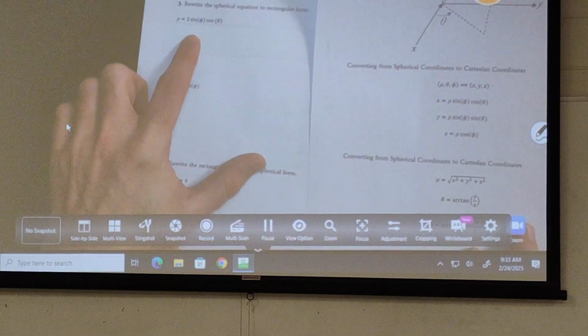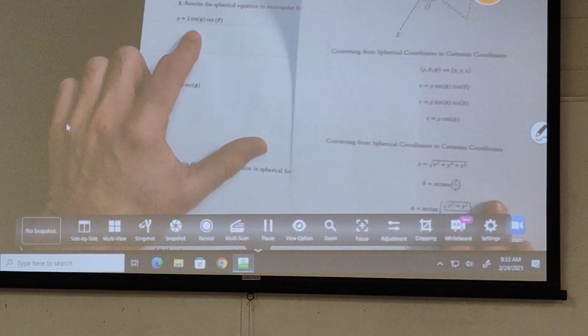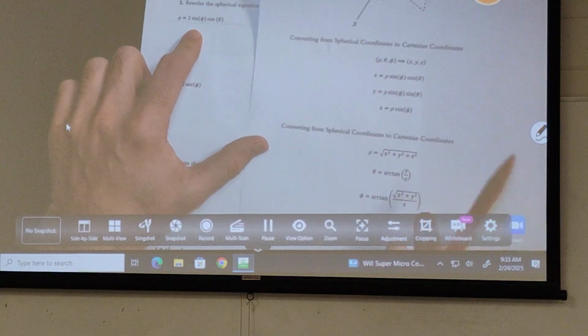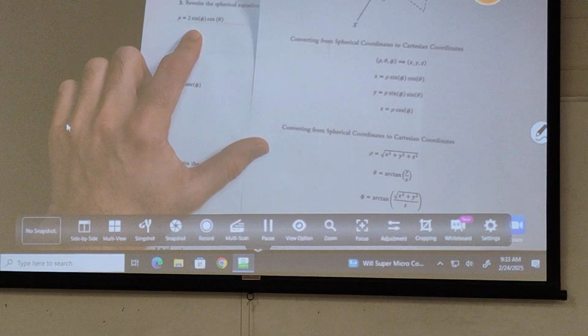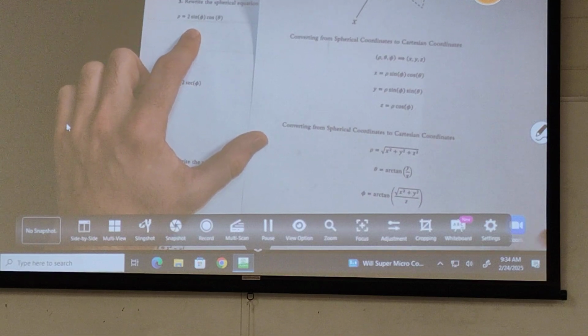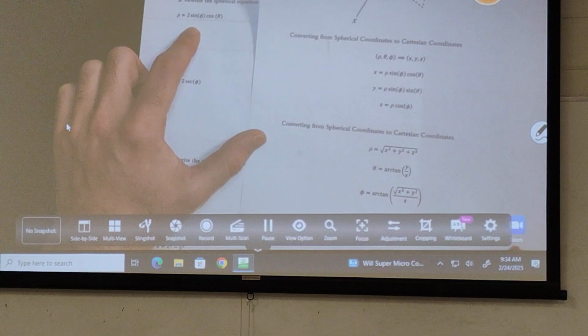So just peeking at this, do we have any head start of what we think we want this to look like? Since rho is equal to the square root of x squared plus y squared plus z squared, you can set it equal to that?